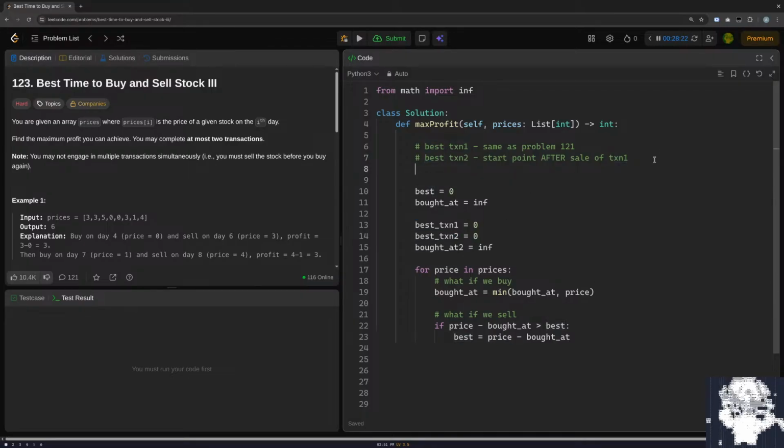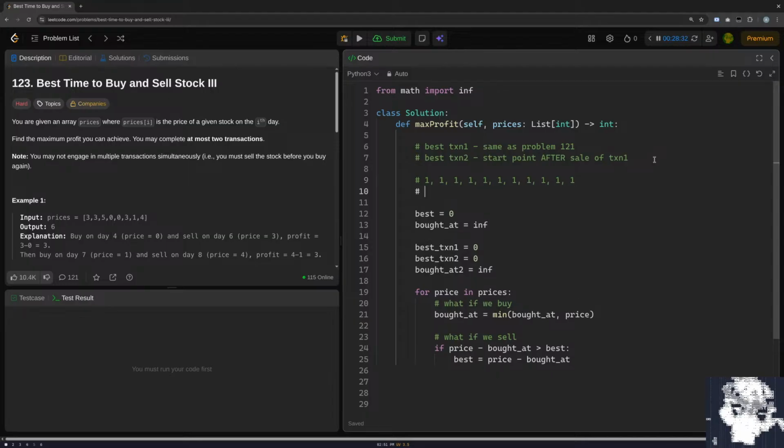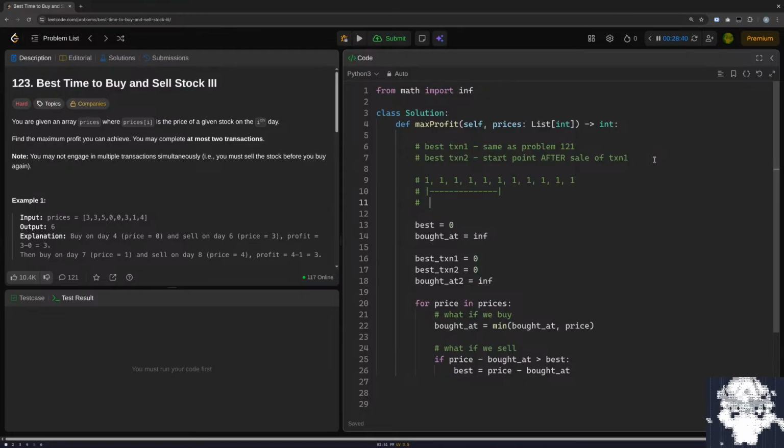This is so hard to think about. So I've got all these days. I'm remembering that this is the best transaction so far. The other thing I want to remember is this is the best pair of transactions so far.